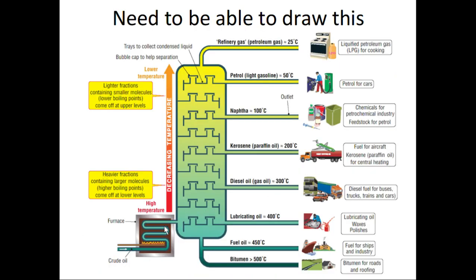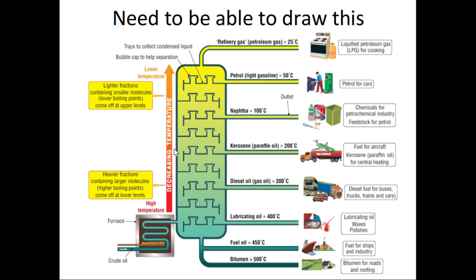So everything comes in as a gas down here. Anything with a very high boiling point is going to be coming off here at the lower levels, and anything with a lower boiling point is going to continue to travel up the column as a vapor until the molecules of a certain fraction reach that area that's just at about their boiling point.